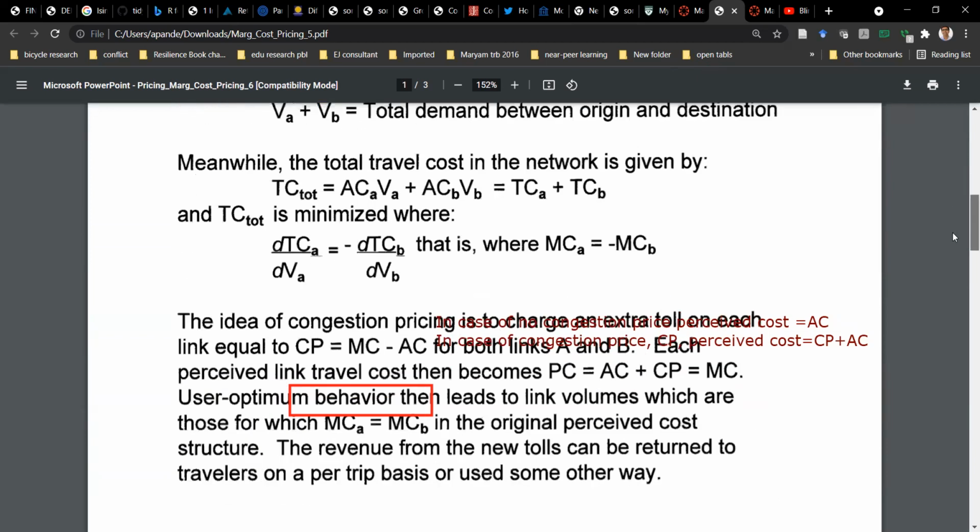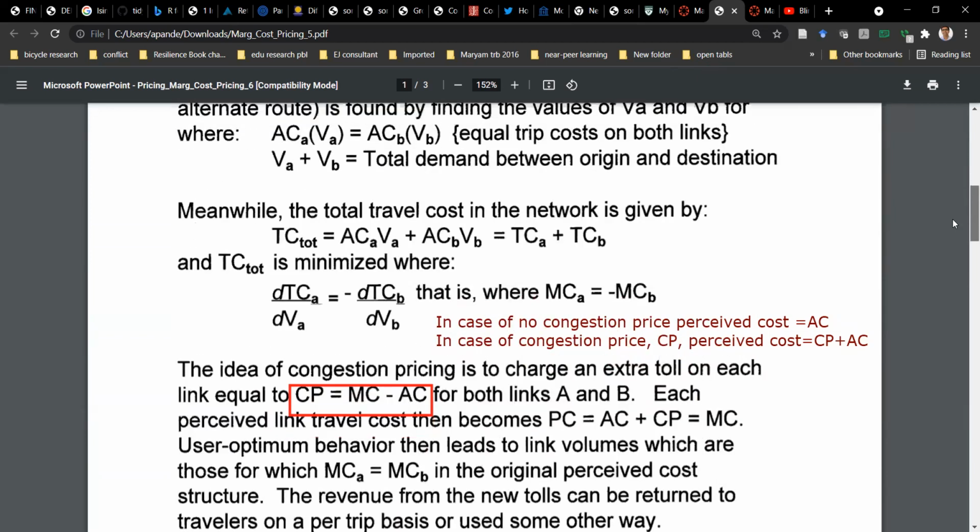So my perceived cost, and let me write down these perceived costs on both of these routes, okay? Your route A perceived cost is CPA plus ACA.